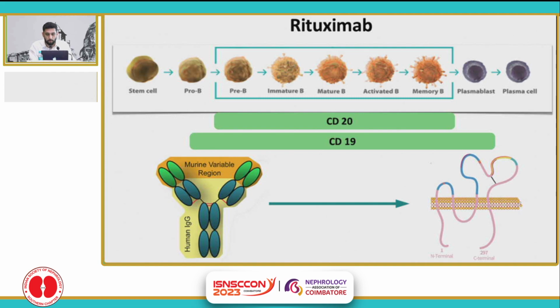The CD20 receptor is seen from the pre-B cell to the memory B cells of the B cell lineage. The plasmablast and the plasma cell don't have CD20 and are out of the purview of Rituximab. We use the CD19 cell count to find out the efficacy of Rituximab, and we maintain the CD19 count somewhere around 0 cells per cubic millimeter. The CD19 receptor is found also in the pro-B cell and the plasmablast.